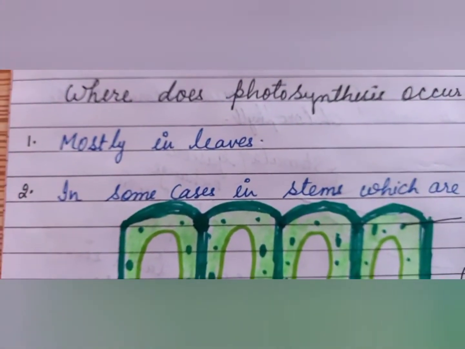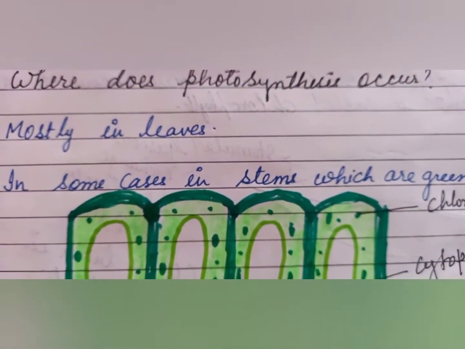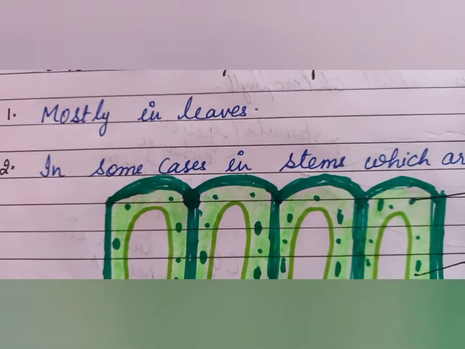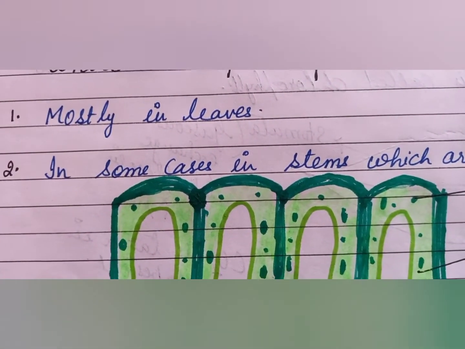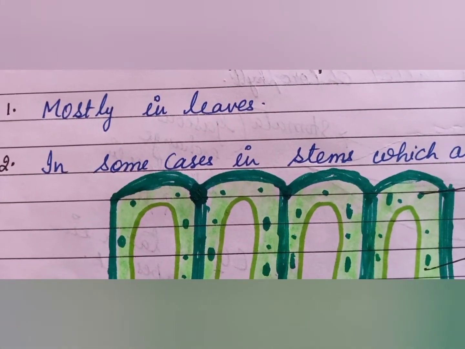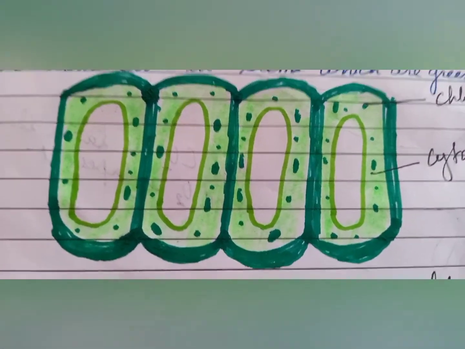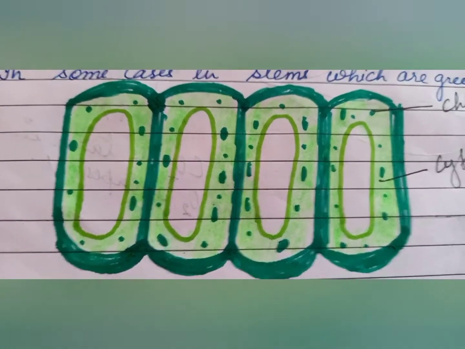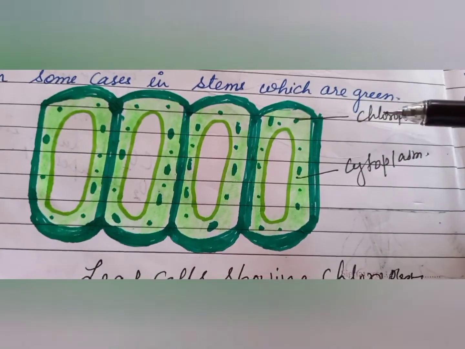So mostly in leaves, and in some cases in stems which are green, photosynthesis occurs. Why does this occur there? Because the leaf contains a green colored material. See here, this is the rough sketch of the leaf cell showing the chloroplasts.